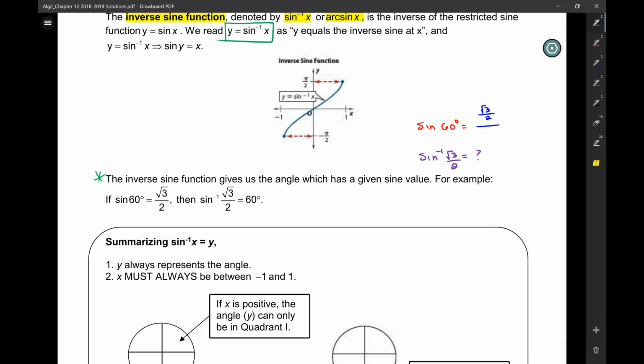So basically, I'm going to ask what is this mystery angle for which the sine is root 3 over 2. And you say to yourself, okay, for what angle is the sine root 3 over 2? Is it 30 or 60? Oh, it's 60. So you say 60 degrees. So I'm going to give you this, and you're going to give me that.